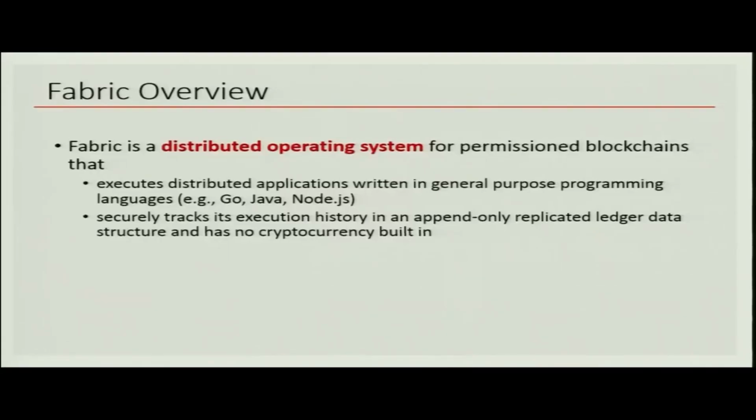An operating system can run applications written in any language, and here also the same thing that they have chosen by design. And then you can have the additional thing that execution history is kept in a replicated ledger, which is tamper resistant and so on, and it has no cryptocurrency built in.